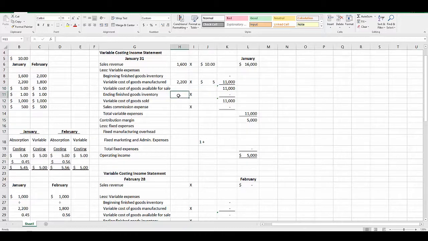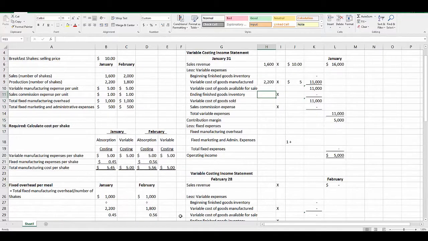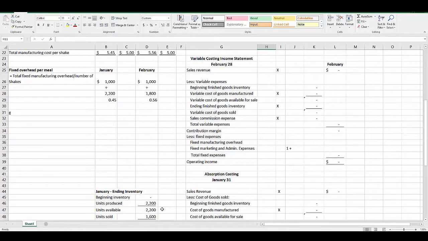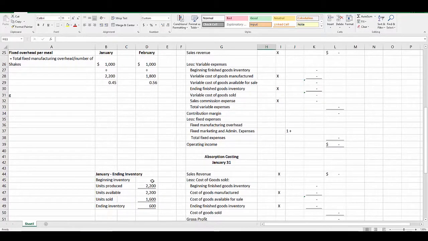The next thing we want to look at is to identify what our variable costs are for the goods that we sold. So we want to subtract the ending finished goods inventory. So we made 2,200, but we didn't sell 2,200. So how we come up with that number is, we'll just scroll down here. As we've stated, there was no beginning inventory for January.